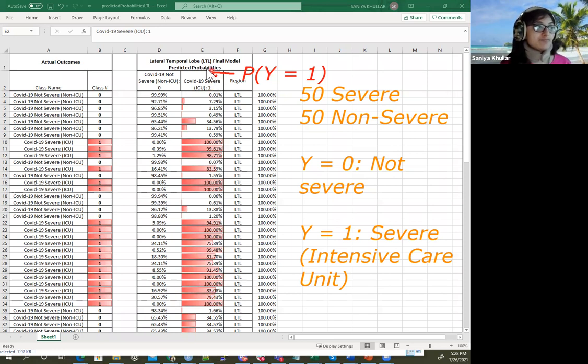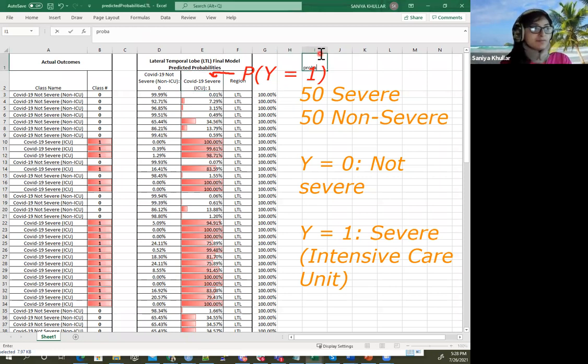So you would look at the probability that the individual has severe COVID. For instance, if your threshold is 20%, then every single person with a probability greater than 20% would be assigned as having COVID.